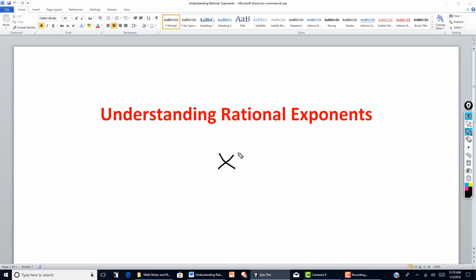The basic laws of exponents that we looked at in the last video also apply if you have fractional or rational exponents. So if you have x to the 1/2 times x to the 1/3, if you're multiplying powers of the same base, it doesn't matter whether the exponents are integers or rational numbers. The base is the same, so you add the exponents. We add 1/2 and 1/3.